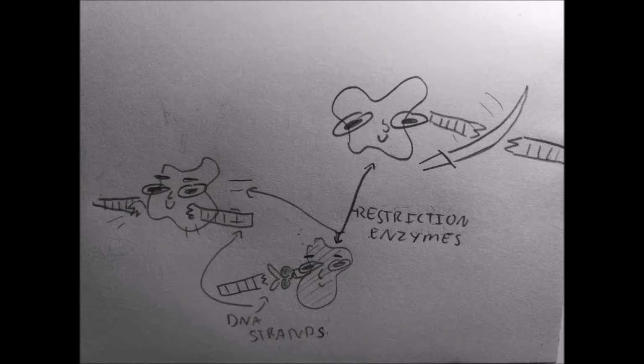The gene must be isolated from the rest of the source organism's DNA strand, so enzymes known as restriction enzymes are to be used. The main advantage of restriction enzymes is that they don't cut randomly, rather they precisely cut at different genetic sequences, meaning they are extremely useful in isolating desirable genes from DNA strands.